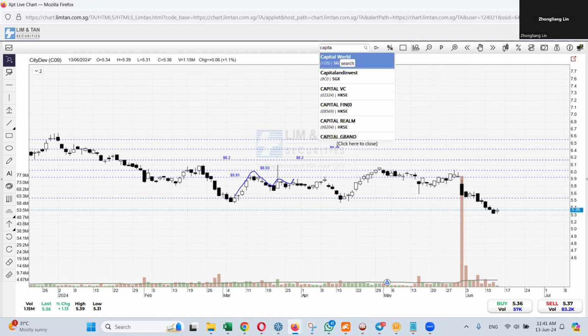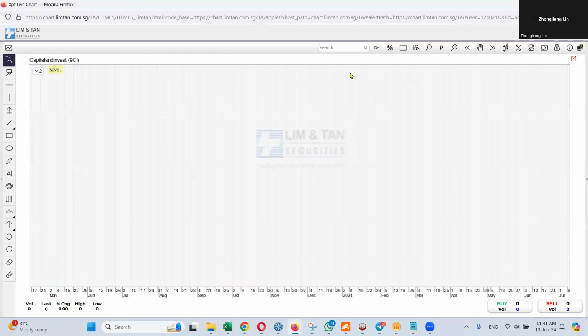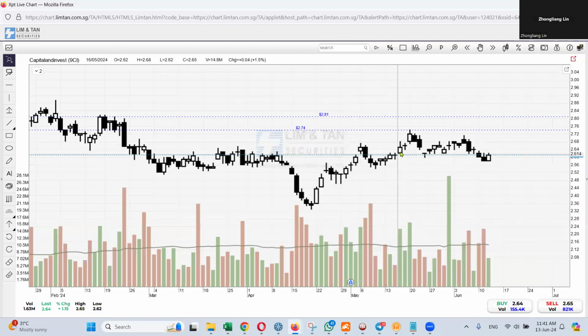CapitaLand Invest, right? From this point, we highlighted 274. It did touch 274. After that, it pulled back. When I say it failed miserably, it's because the uptrend ended with this sell down. When it touched 274, which was our target, it pulled back, seemingly forming a higher low, but ended with a lower high and lower low over here.